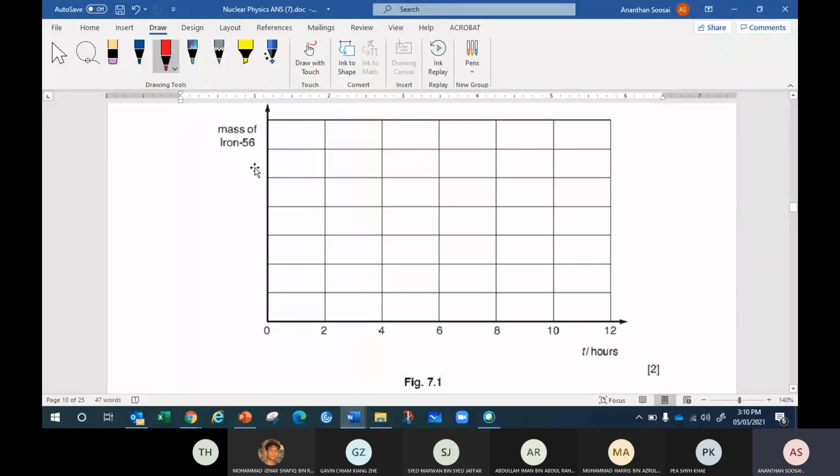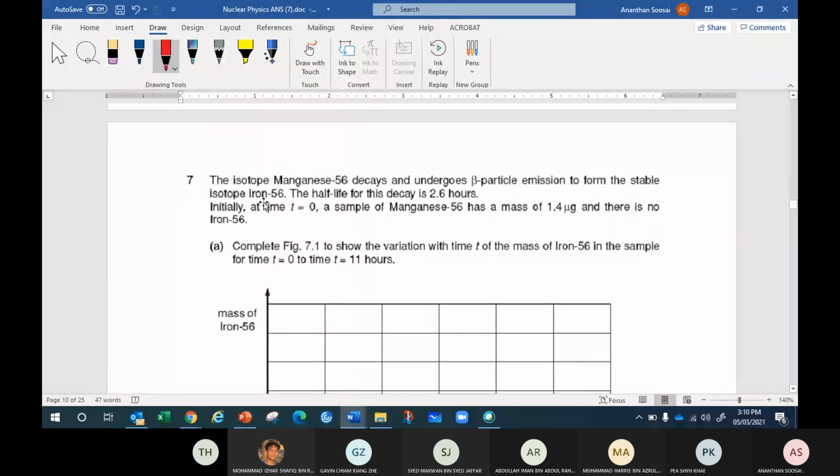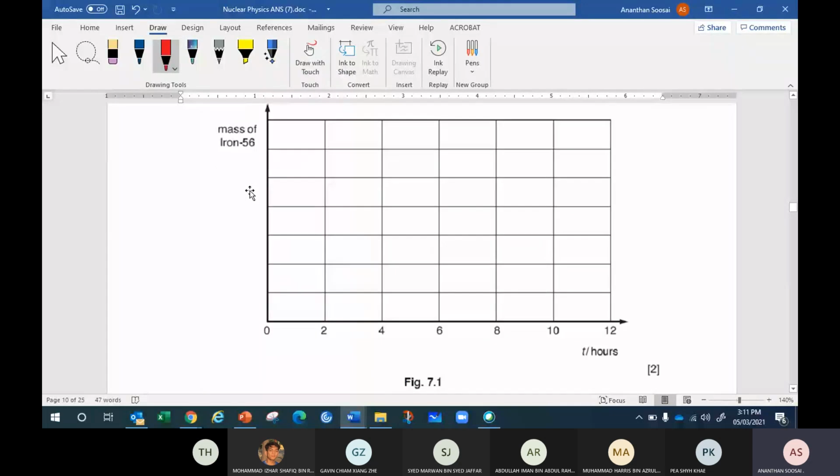Iron-56 is the product or reactant? Iron-56 is the product, right? So how is the graph going to look? Going up or going down?